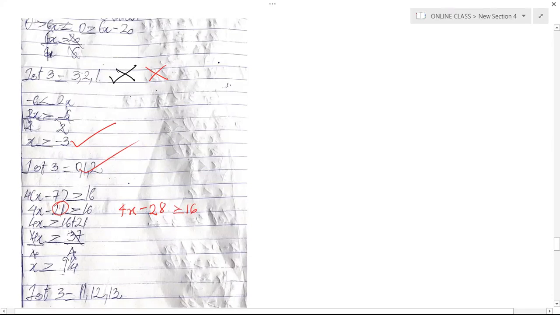Then 4x greater than or equals to 16 plus 28. 4x is greater than or equals to what? 44. So x is greater than or equals to 44 over 4. x is greater than or equals to 11.